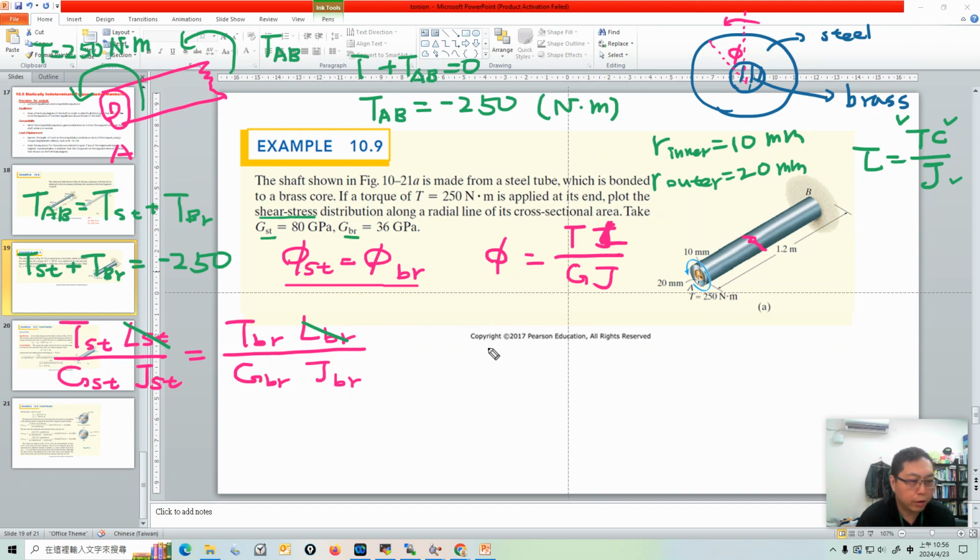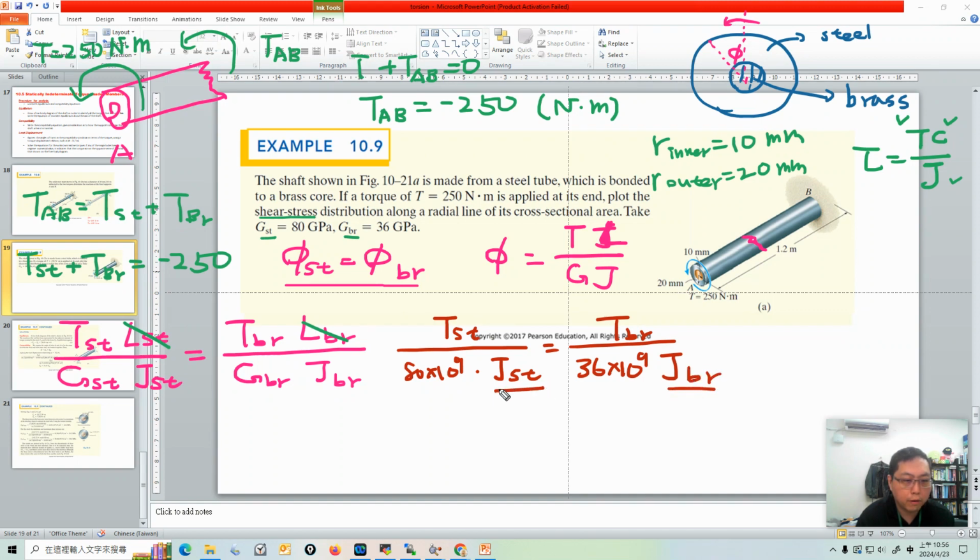So let us write this down. T_ST we don't know, times 80 times 10 to the power 9 and J_ST, equals T_BR, times 36 times 10 to the power 9 and J_BR.